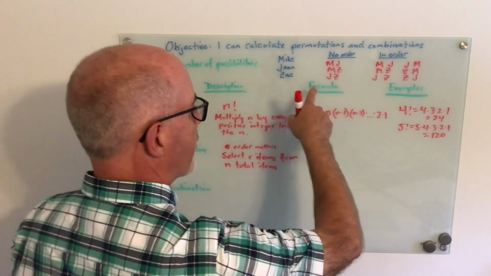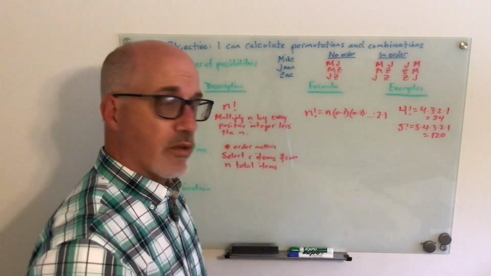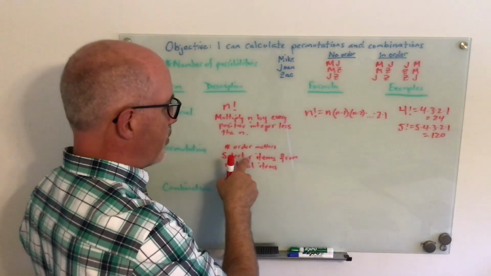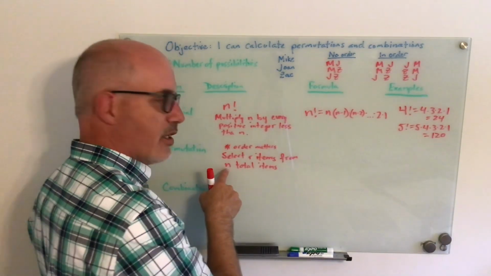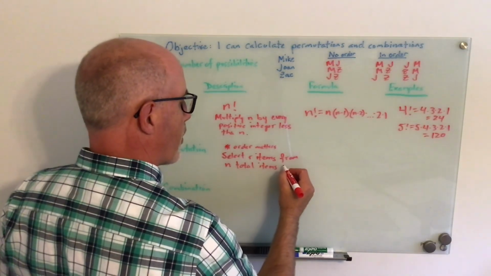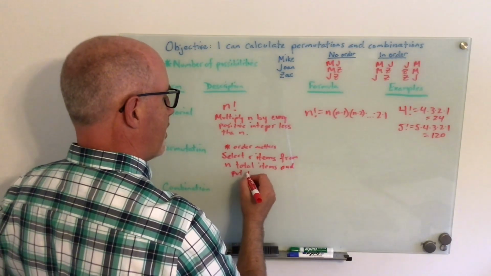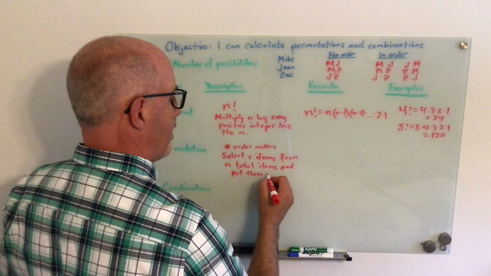Okay, so up here, for instance, we've selected 2 items out of the 3 total. So r would have been 2 items from 3 total items. And here, we're going to put them in order.